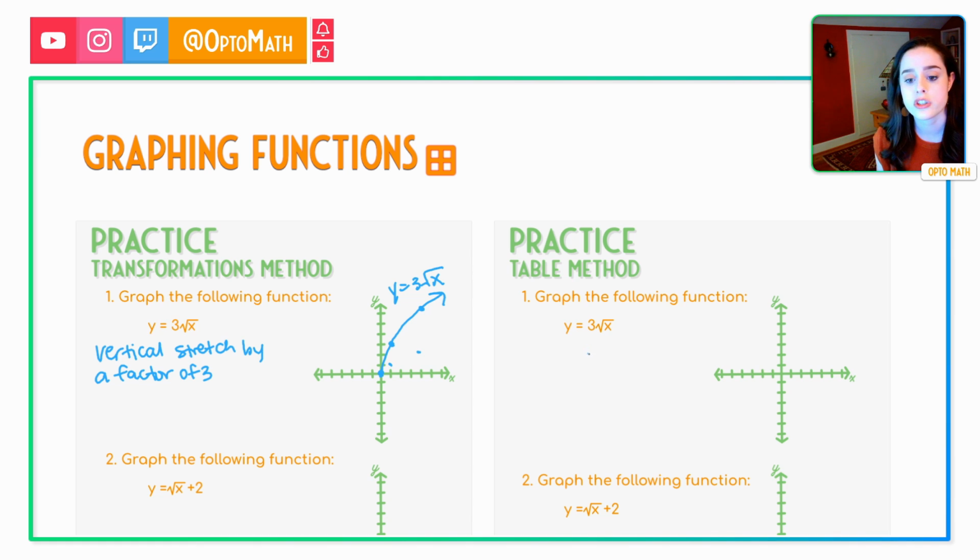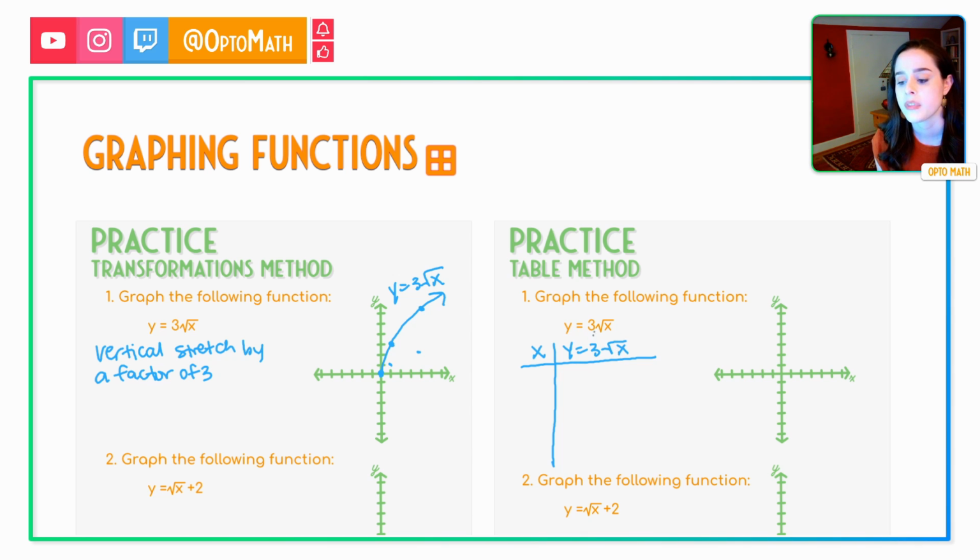Now, if we wanted to use the table method, we could just choose some x values. So we're making ourselves a table. We're going to figure out what our y's are. So y is 3 square roots of x. Let's write down what that would be. Let's just pick some x's. If you're thinking about what type of function family you have, it will help you pick your x values.